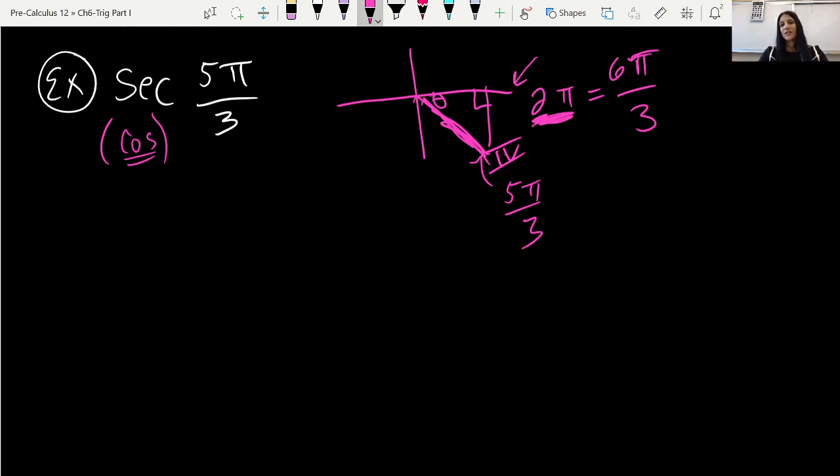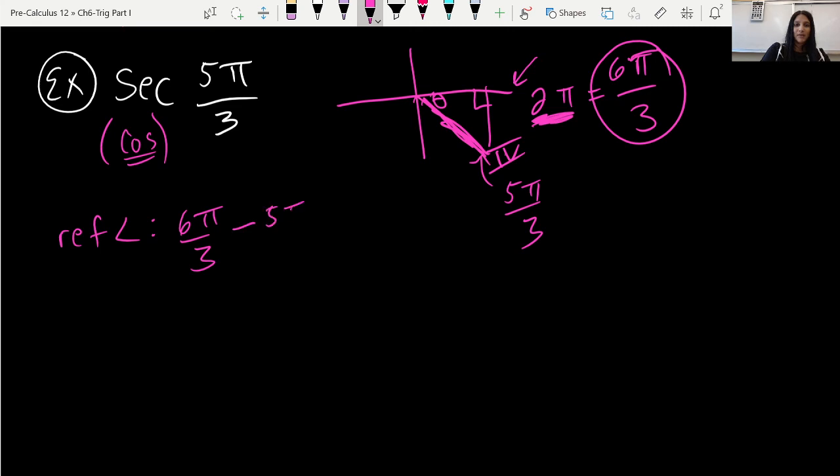I want to figure out the difference between them. So I want to get my reference angle, and to do that, I would do 6 pi over 3, so this one that I got here, minus my 5 pi over 3. And when I do that, I end up getting pi over 3.